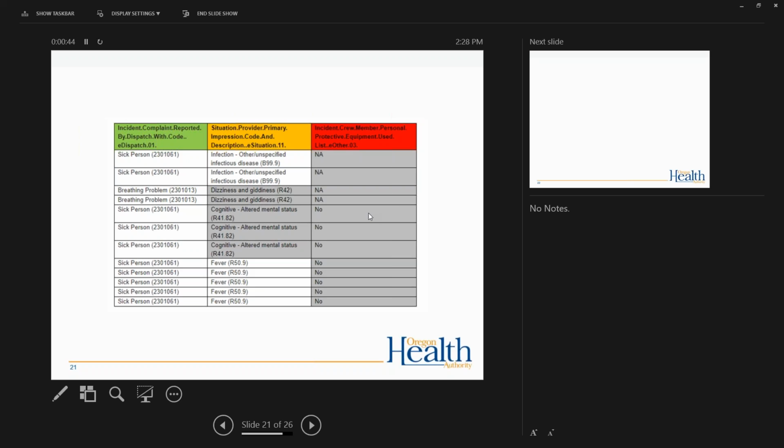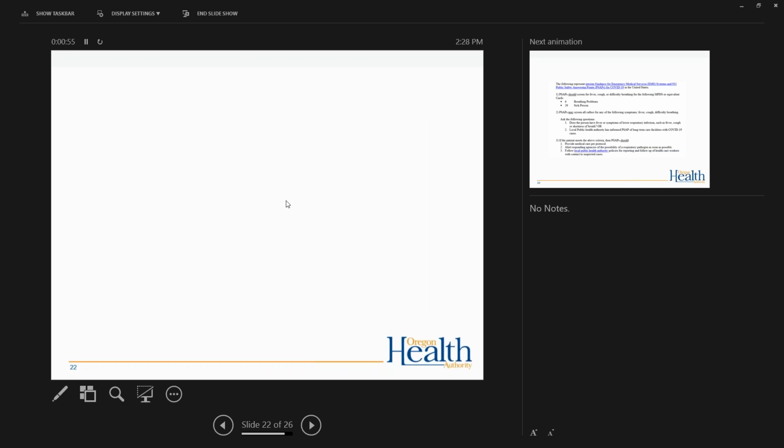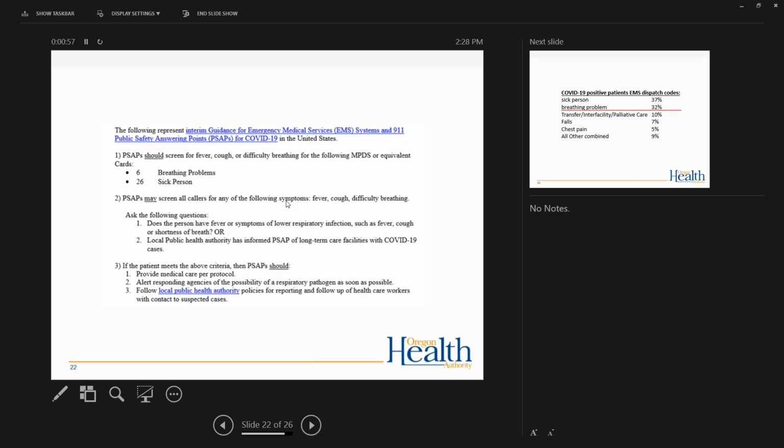We know these cases were transported by EMS and they actually tested positive for the disease after the transport. And then we looked at their dispatch chief complaint, and this would inform our directives to the PSAPs and to EMS.